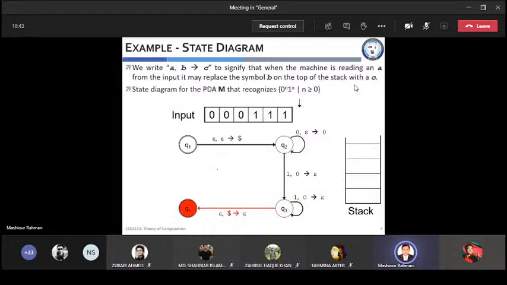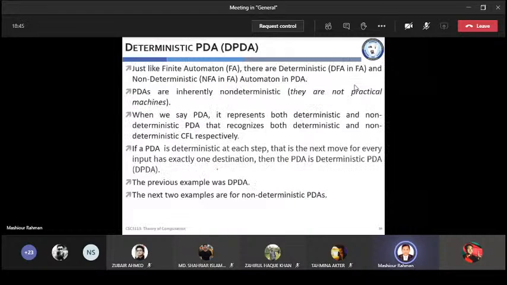So obviously non-deterministic machines cannot be represented as practical machines. But what if we can? When we say PDA, it represents both deterministic and non-deterministic PDAs, recognizing both deterministic and non-deterministic CFLs respectively.